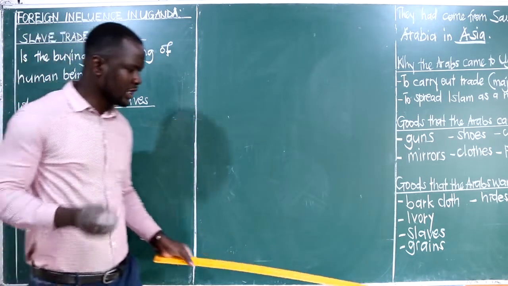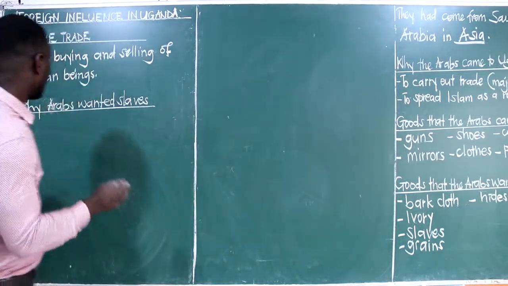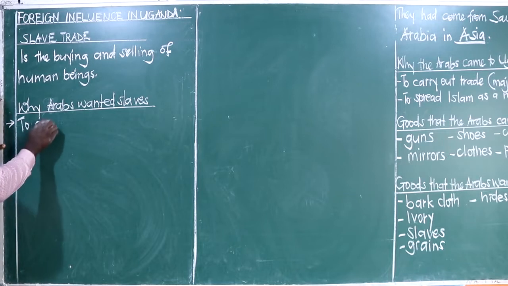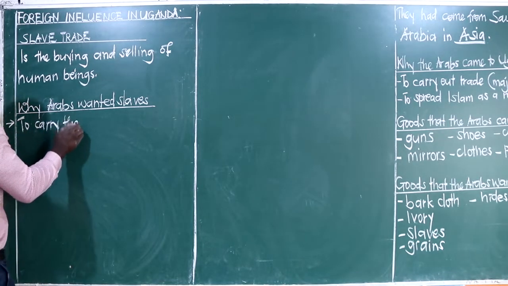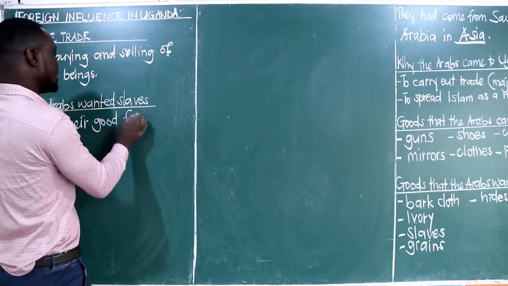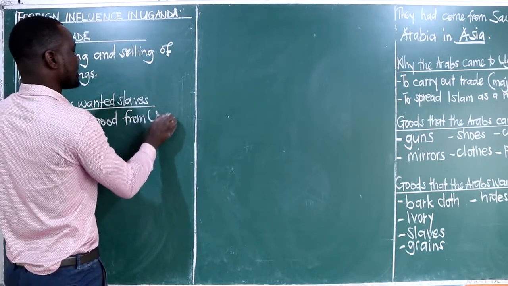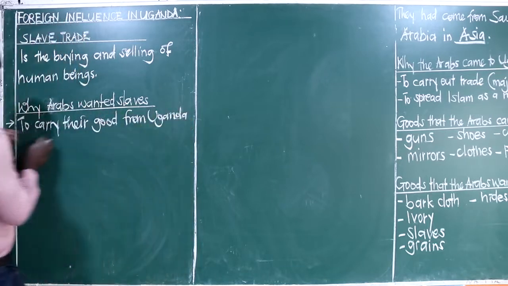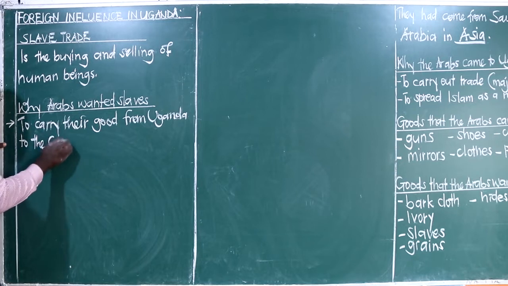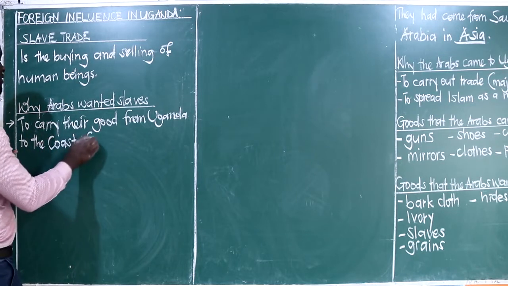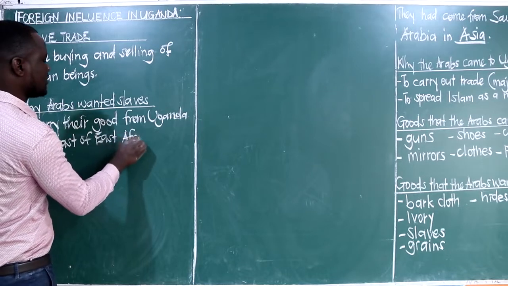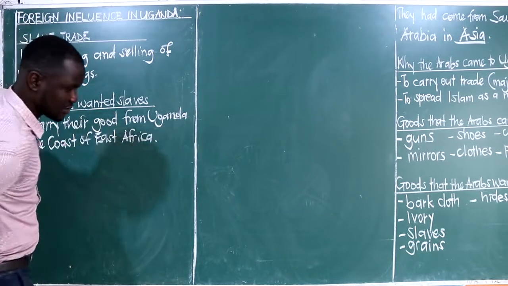Here, we are going to give two reasons mainly. The first, which is the major reason, was to help carry their goods from Uganda to the coast of East Africa. That is reason number one.